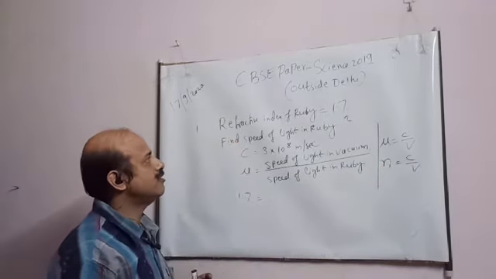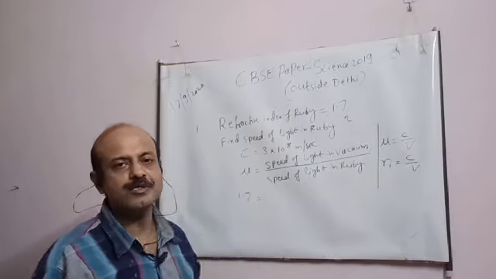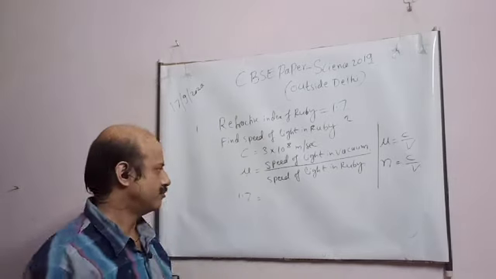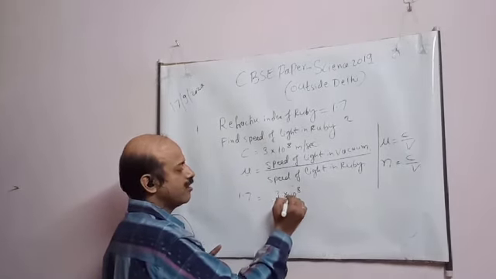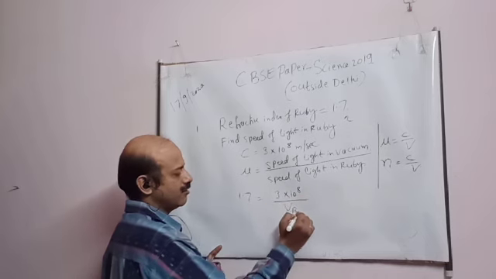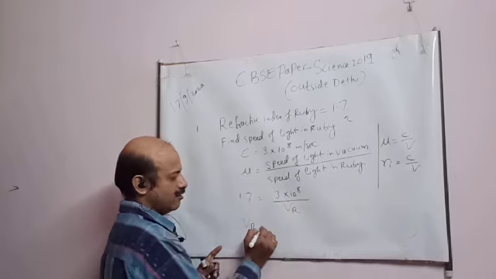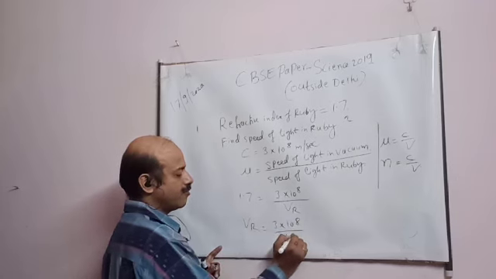Now here, since the refractive index of ruby is given, this means the light is with respect to air or vacuum. So now, student, this problem is 3 into 10 raised to 8 upon the speed of light in ruby, which I am writing as VR. This will come out to be 3 into 10 raised to 8 upon 1.7.